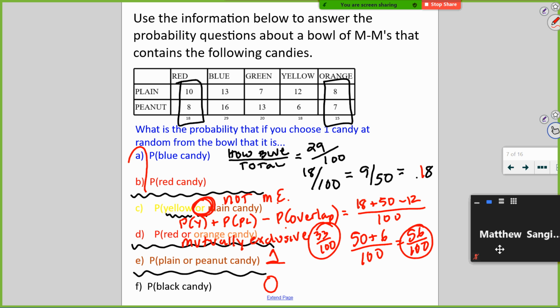A and B, regular old probability, right? C and D are your or problems, mutually exclusive. E is your sure event, and F is your impossible event. Any questions on those?